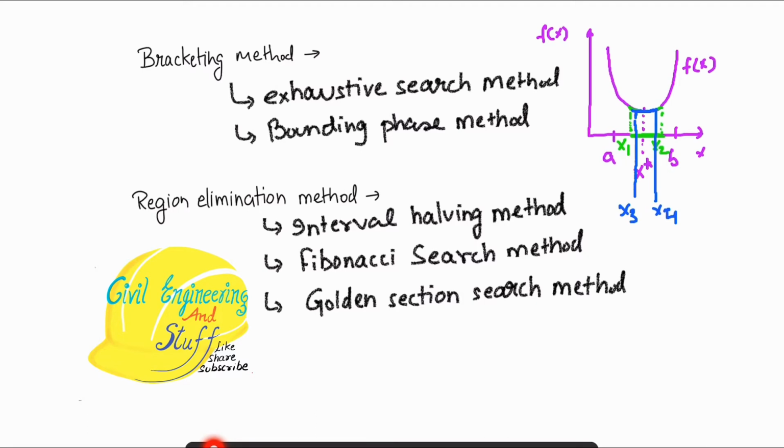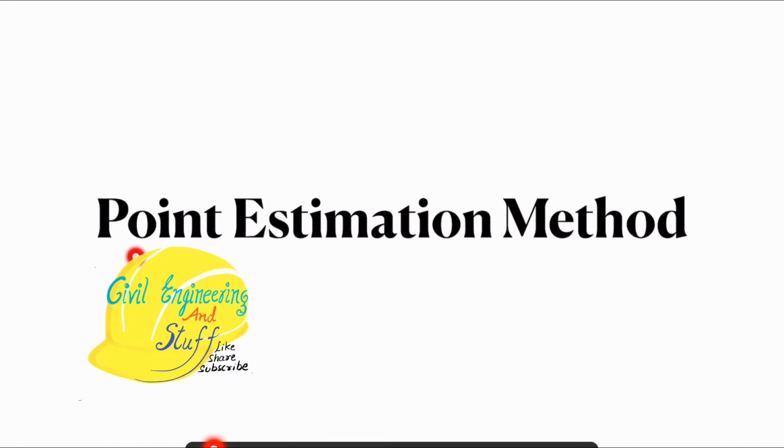Only the relative function values were taken up. So now we are going to study a method that will also use the magnitude of the function, and that method is the point estimation method.